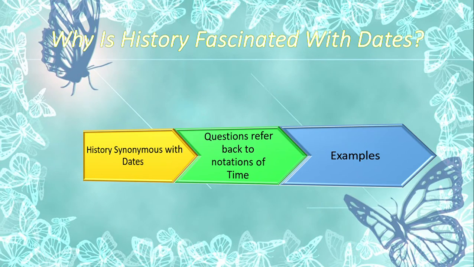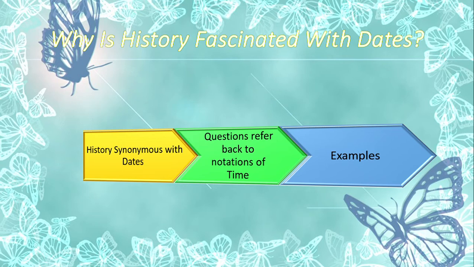Why is history fascinated with dates? History was synonymous with it. We always ask historical questions about what we see around us. Such historical questions refer us back to the notions of time, but time does not have to be always precisely dated in terms of a particular year or a month.